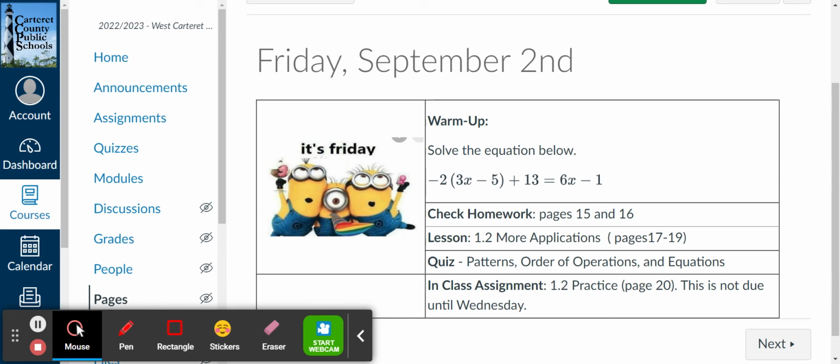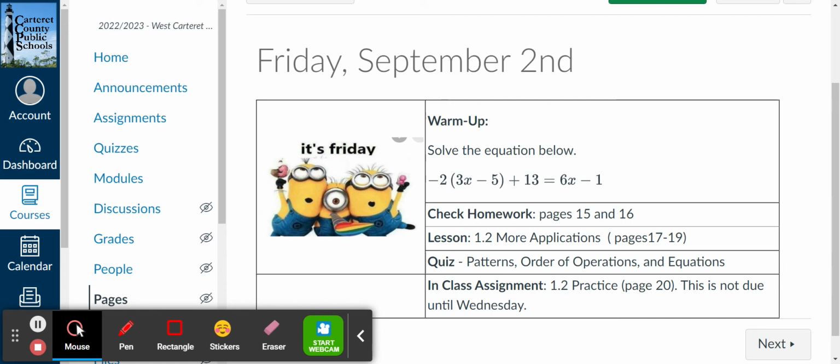What if I had consecutive even integers? So like 2, 4, and 6. If x was the first even integer, how would I show the next even integer?